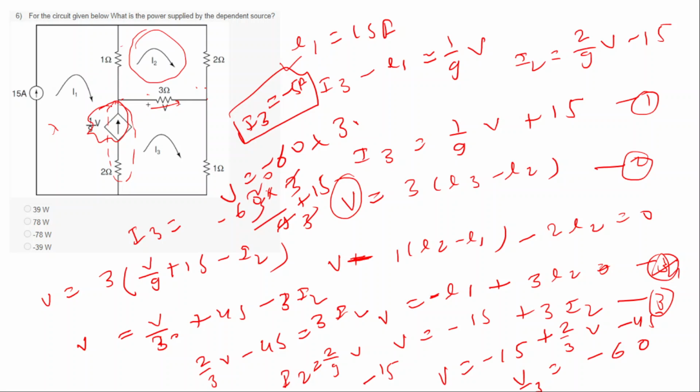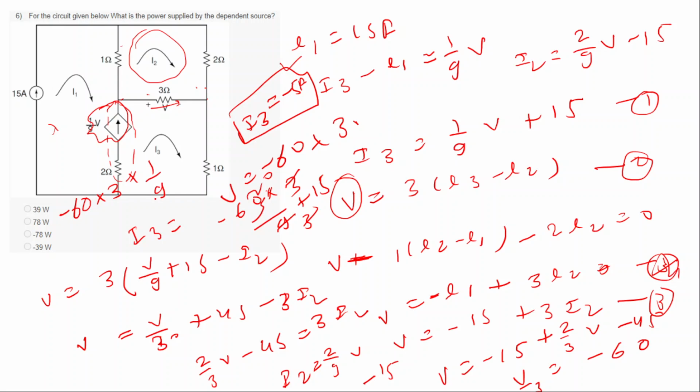So the voltage we already found. V is our minus 60 multiplied by 3, and the current in this direction is multiplied by 9.